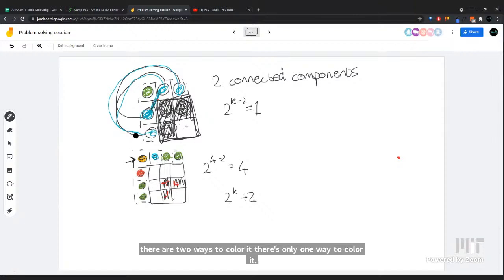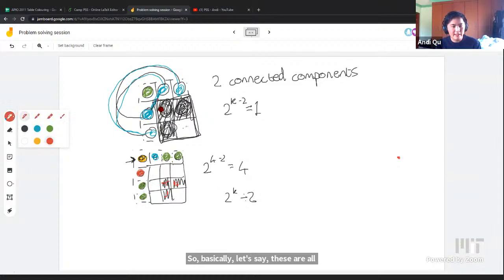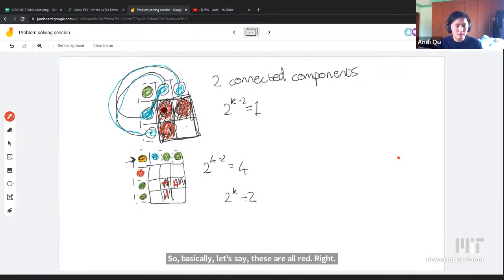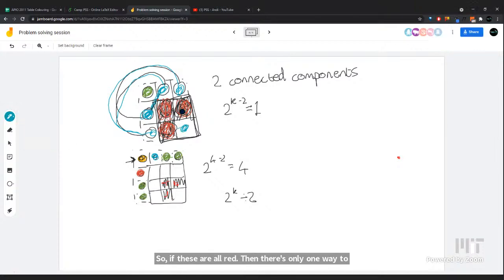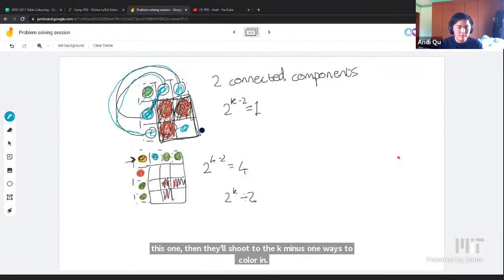What? So basically, let's say these are all red, right? So if these are all red, then there's only one way to color this, which is blue. Yes, there's only one. So that means if there are k connected components, excluding this one, then there are 2 to the k minus 1 ways to color it in. Okay, so that's my question again.